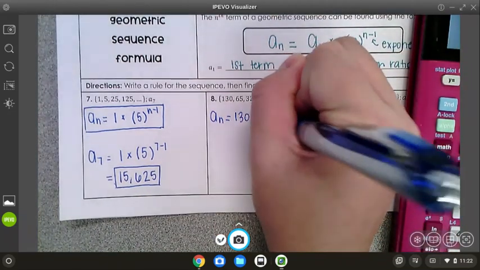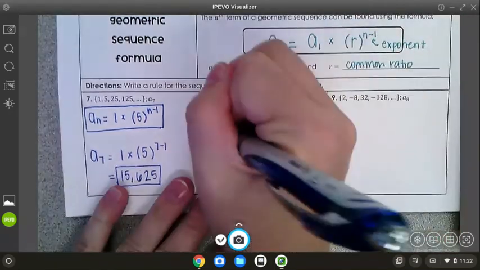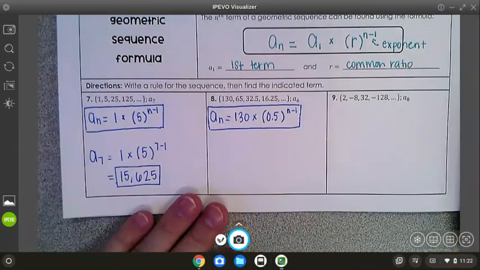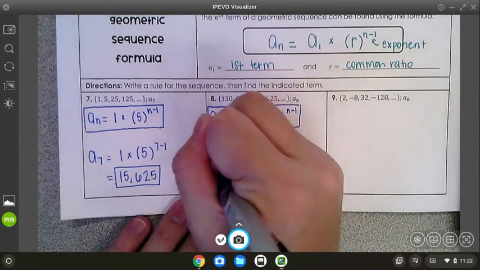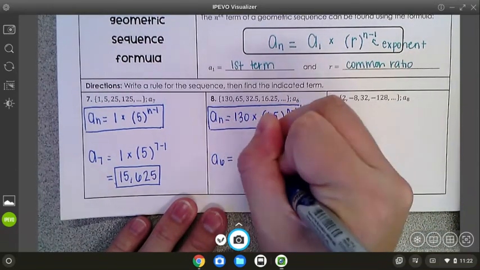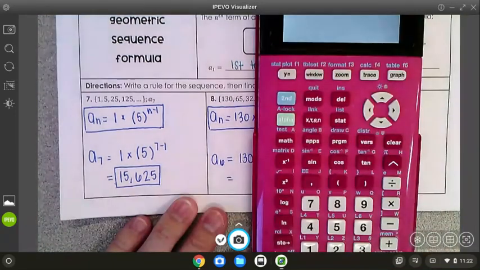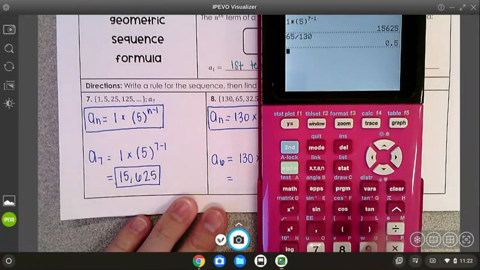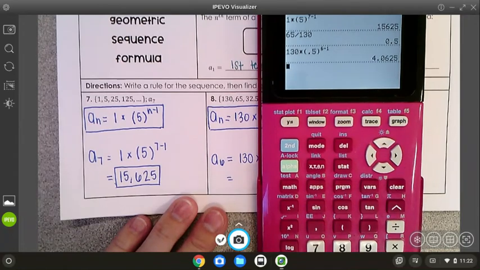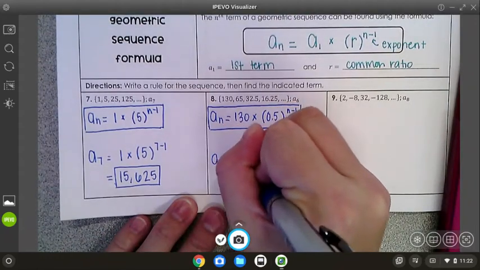So you can put 1/2 or you can just put 0.5 to the n minus 1. And the 6th term is 4.0625.